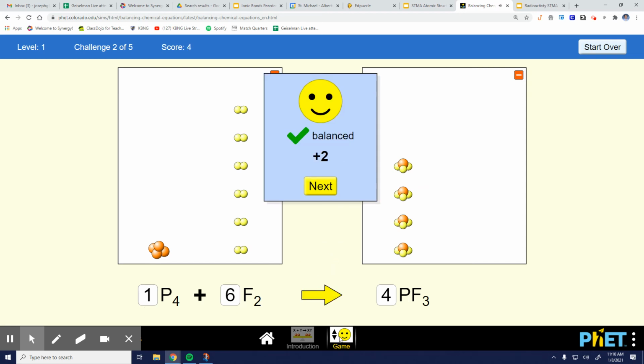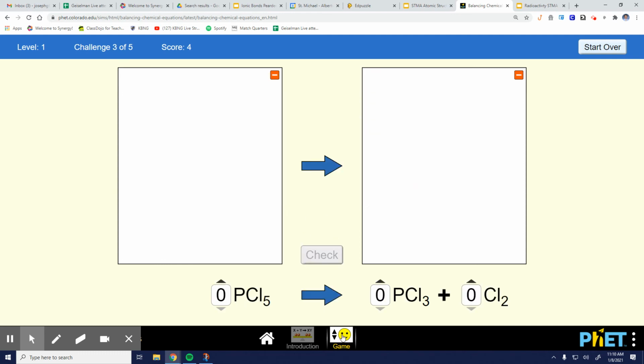And now if I go back to the game page, that will show me that I have 2 stars so far out of 5. Your job is to get 5 stars out of 5 at each level.